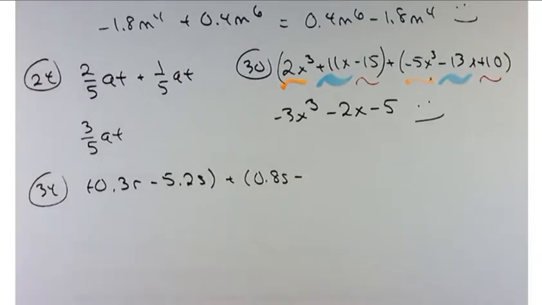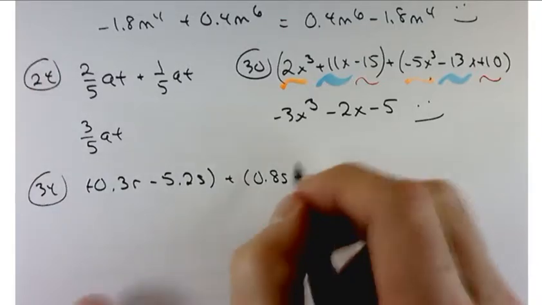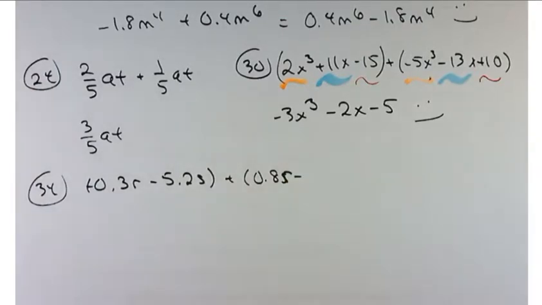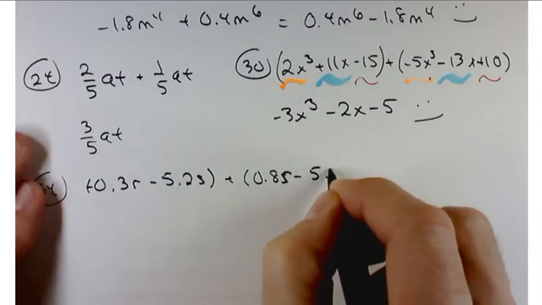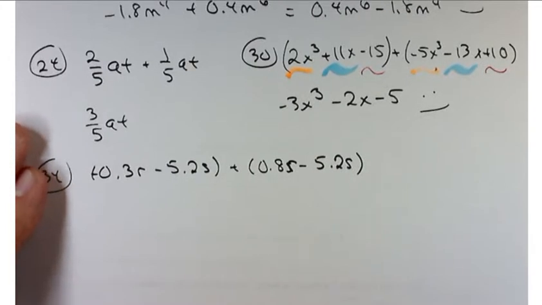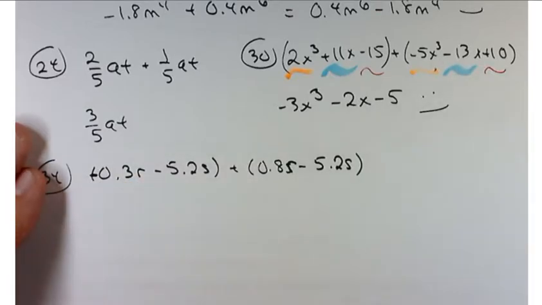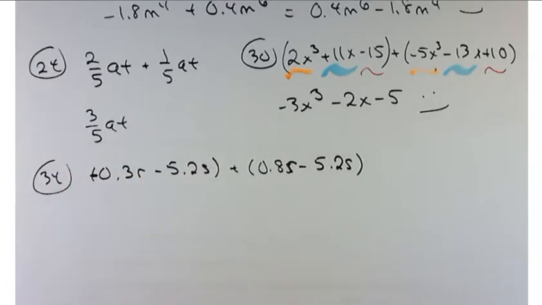Is that S? Oh, you know what? I think this should be an R. So that should be an R. Let me just double check that. Yeah, 0.8 R minus 5.2 S. There's a minus here. So more of the same.